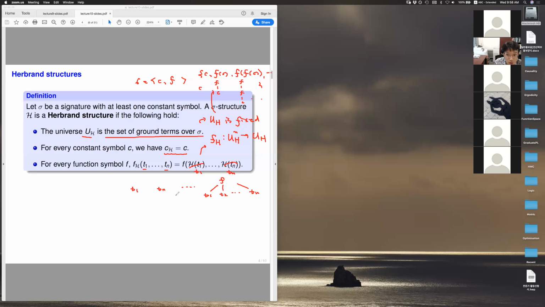This is sometimes very obvious, but it can be confusing because we are talking about interpretation while using the same symbol. The point here is that the underlying universe is constructed very syntactically, using ground terms. We then use these ground terms to interpret each constant symbol as the constant term in the underlying universe U_H, and each function symbol is interpreted as just term construction by putting this function symbol F in front.